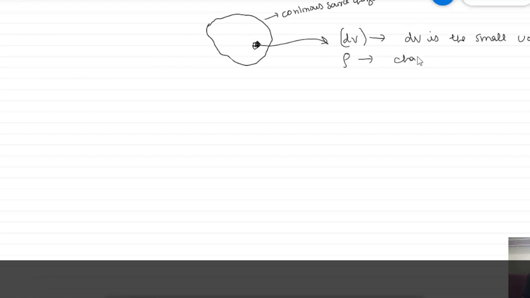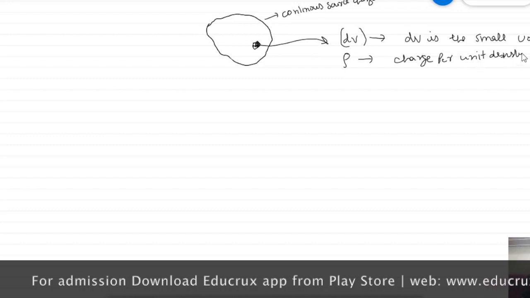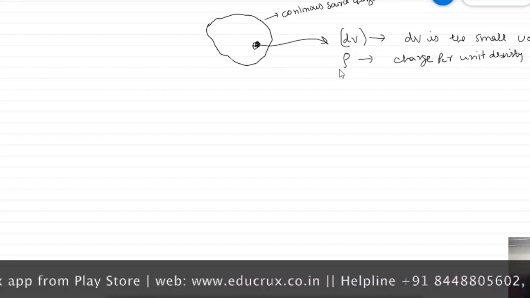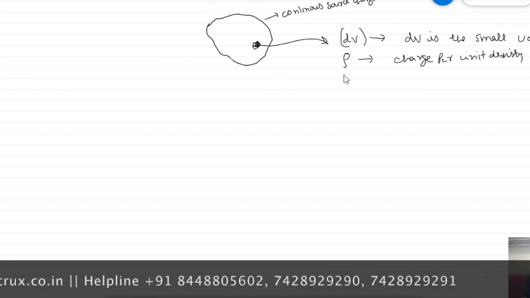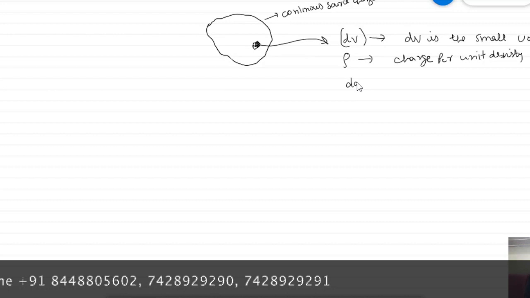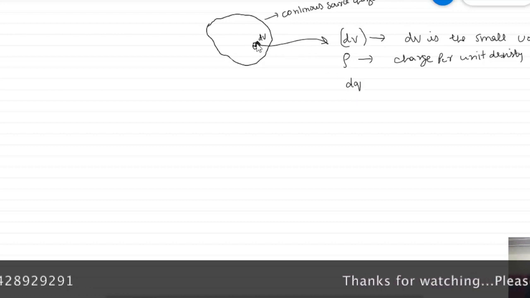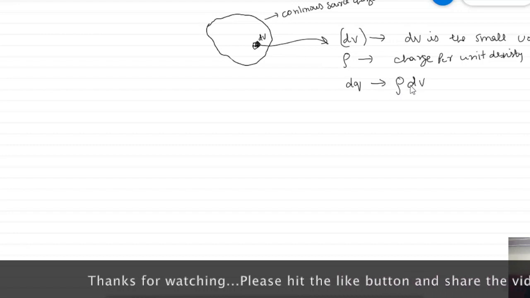Charge density tells how the charge is distributed in this continuous charge source. So if I want to calculate the charge in this small volume dV, it will be equal to rho dV.